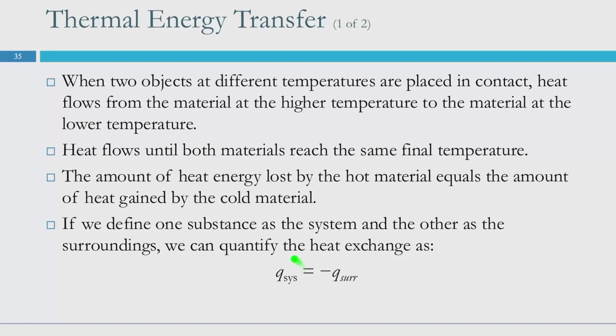And so if our system is one of the things, then the heat that's gained by our system, remember Q is heat, heat gained by system is going to be equal to the heat lost by the surroundings. That's Q sys equals negative Q surr.